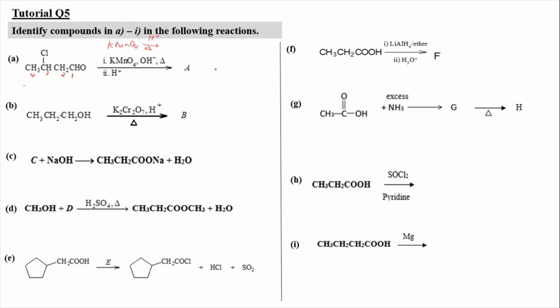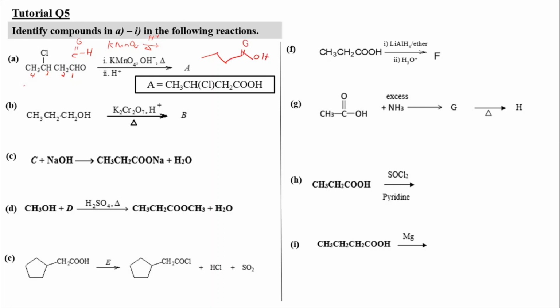So the C double bond O H here is going to become C double bond O OH. Okay, so you can write it this way, or you can also write it in terms of the skeleton structure. Next we have the CH3CH2CH2OH, which is propanol.